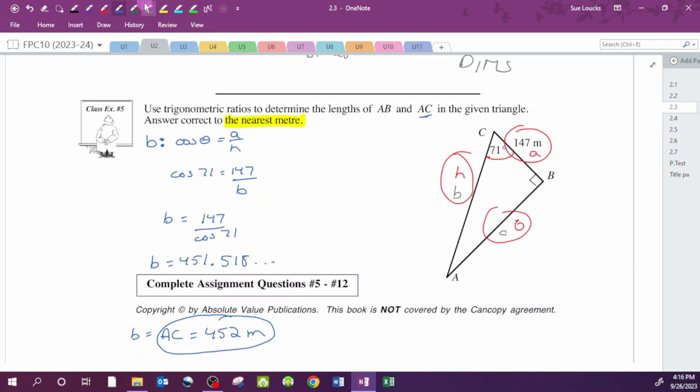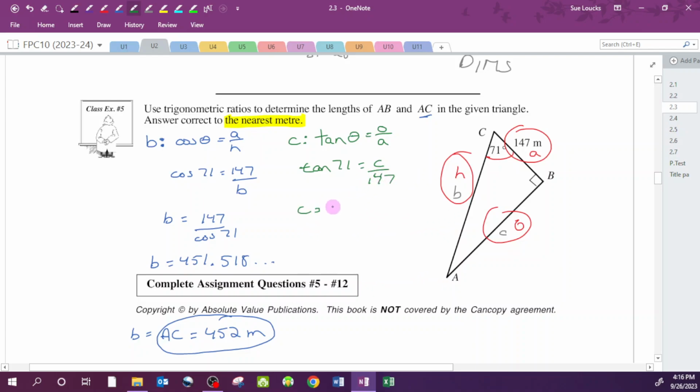Okay? All right, and then I'm going to come over here and calculate the value of side C. And C is opposite over adjacent. We haven't done that one yet today. That's tan. So tan theta is opposite over adjacent. So tan 71 is C over 147.